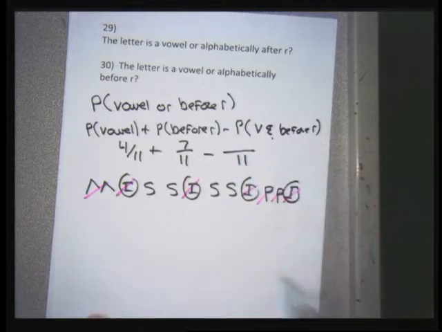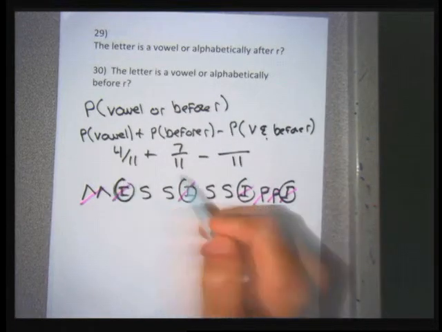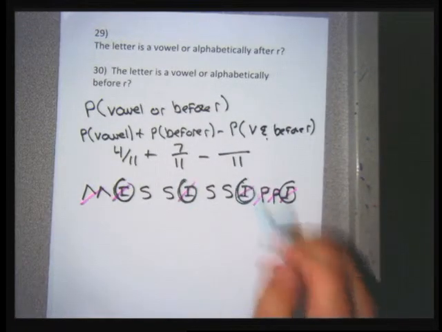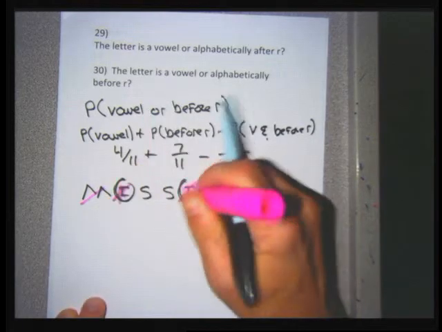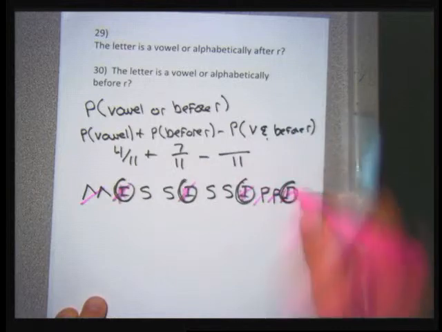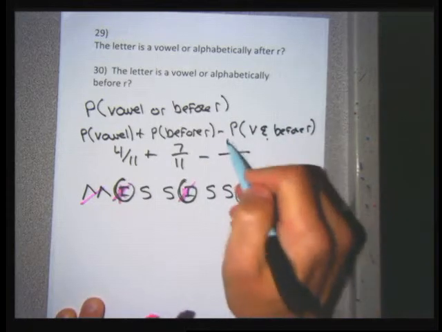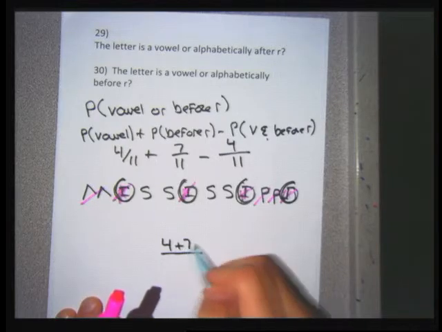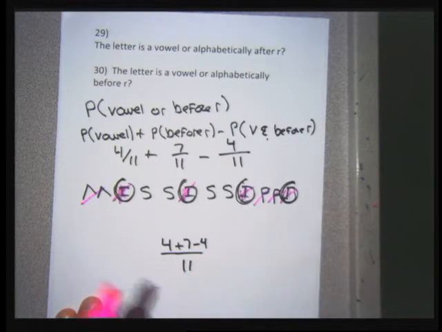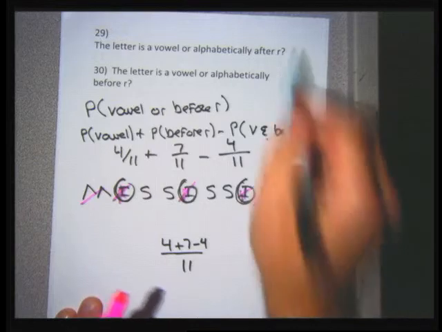And then the last probability, there are 1, 2, 3, 4 of the letters that fit both. They're vowels and they're before R, so I need to subtract those out. So this is going to be 4 plus 7 minus 4 over 11, and you get 7 over 11.